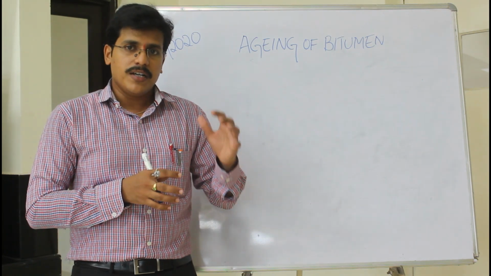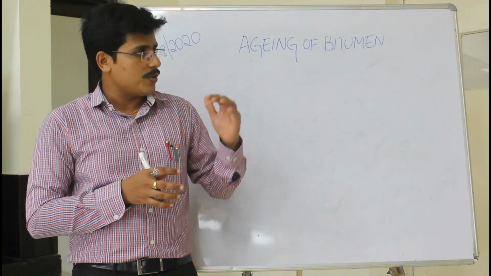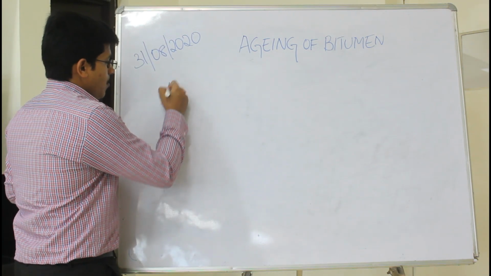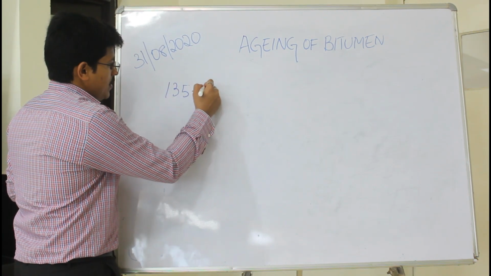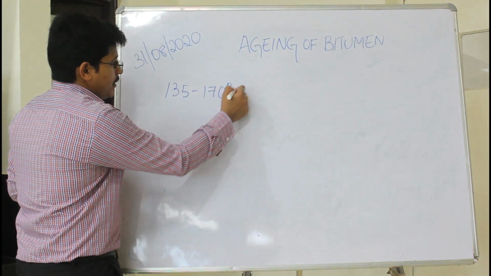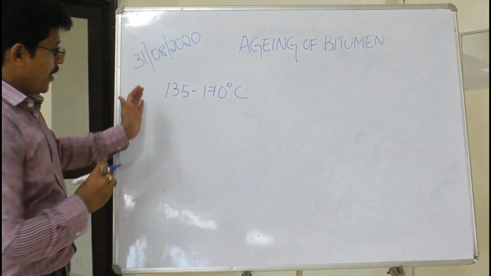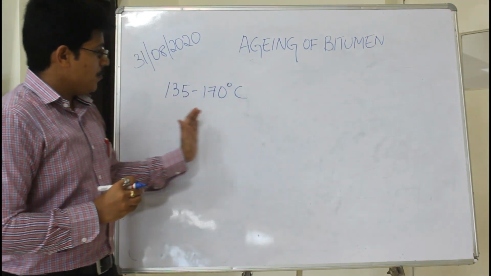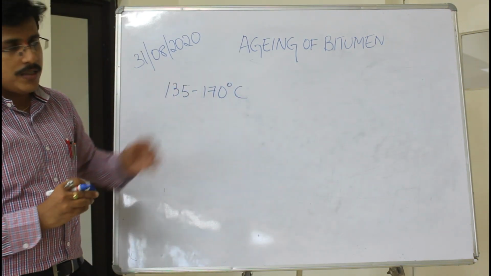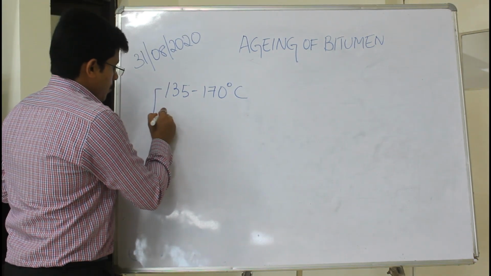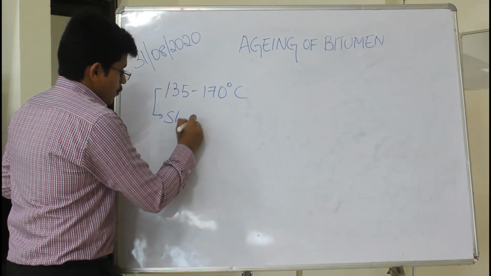During these processes, the bitumen will be subjected to a temperature of, let's say, 135 to 170 degrees. A thin bitumen film at this temperature will start losing its volatile components. This is what we call short-term aging. Why short-term?